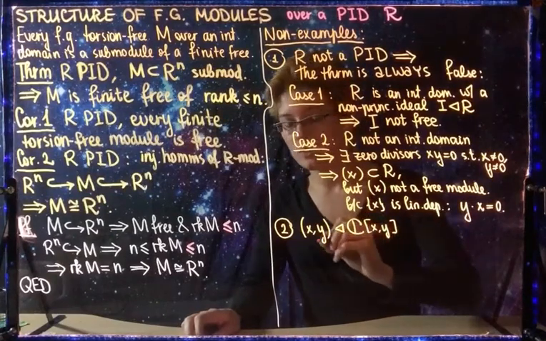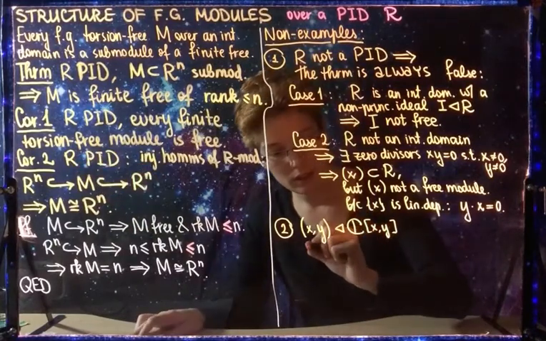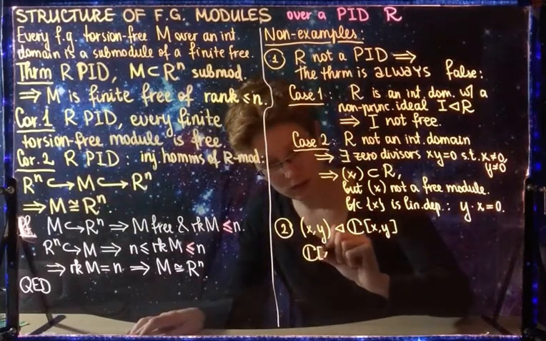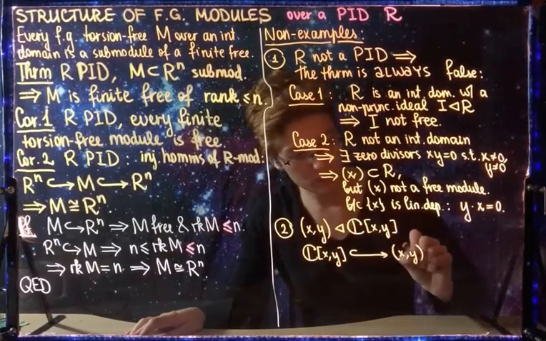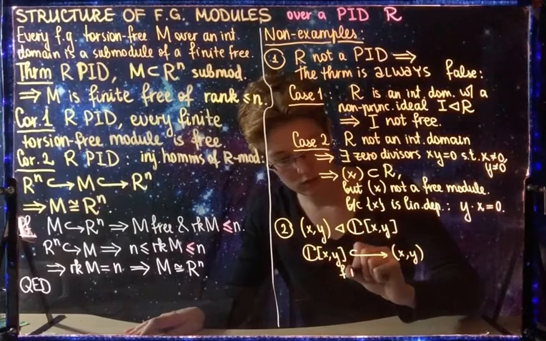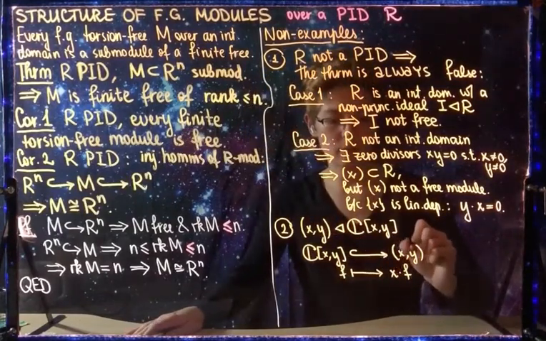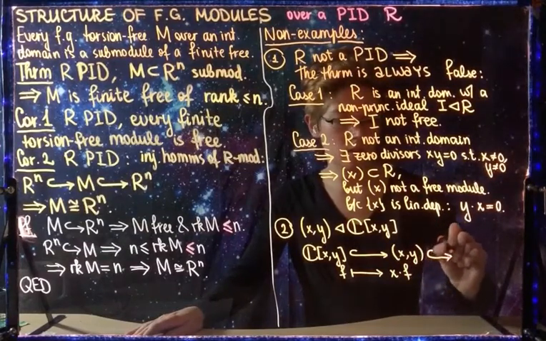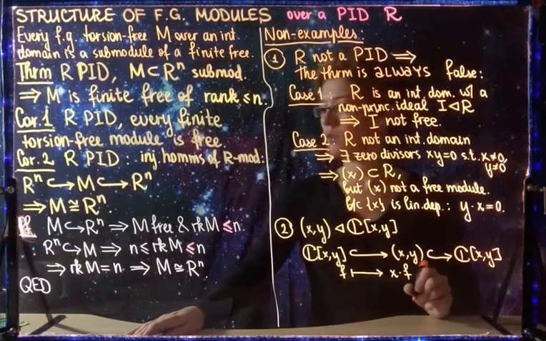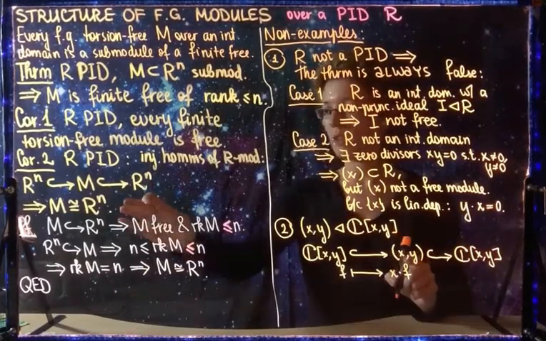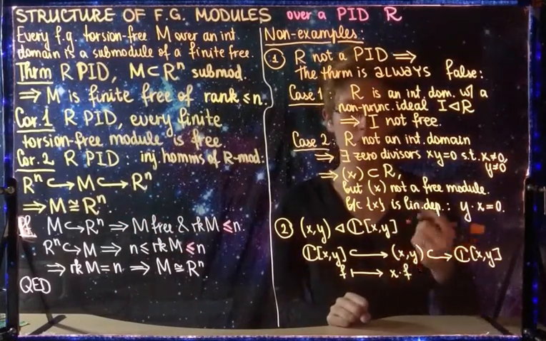And moreover, I can continue it into a counterexample for corollary 2 by sending C[x,y] into the ideal (x,y), where f goes to x times f, which is an element inside the ideal. And the ideal itself is inside C[x,y]. And this ideal is not isomorphic to R, because it is not, for example, generated by one element.